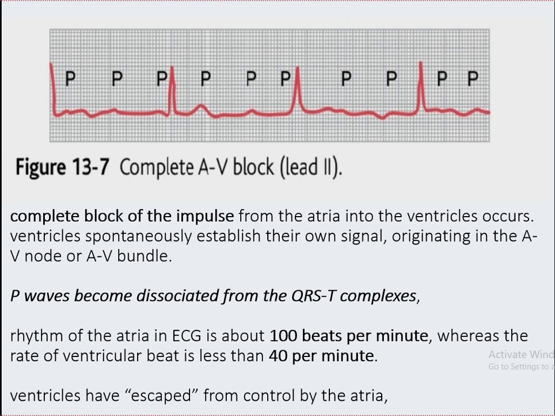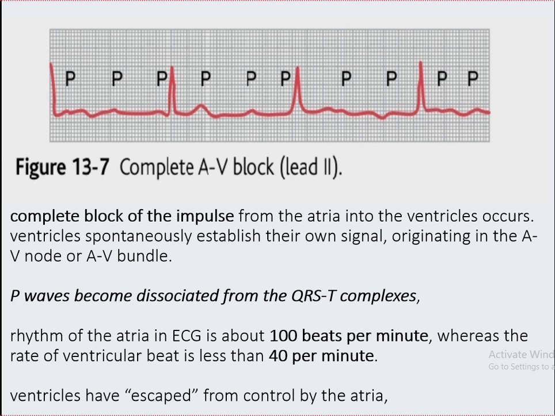Then for the third degree block, the impulses don't reach the ventricles at all. What that means is that you'll be having the P waves, the atria contract, but the ventricles will not completely cease to contract, because the AV node, the bundle of His, and the Purkinje fibers can also generate impulses.